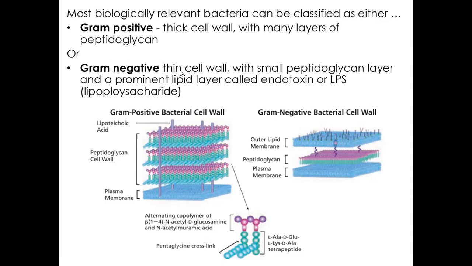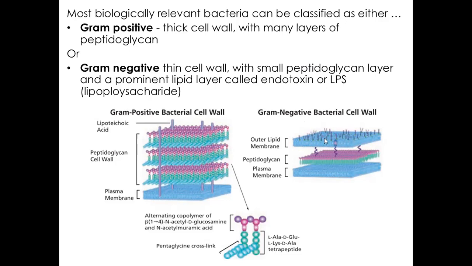So gram-negative bacteria usually have a thinner cell wall, and they have this layer of the same peptidoglycan, but then on top of that, they have a little lipid layer, a little fat layer, that has endotoxins in it, or LPS, which is a lipopolysaccharide.